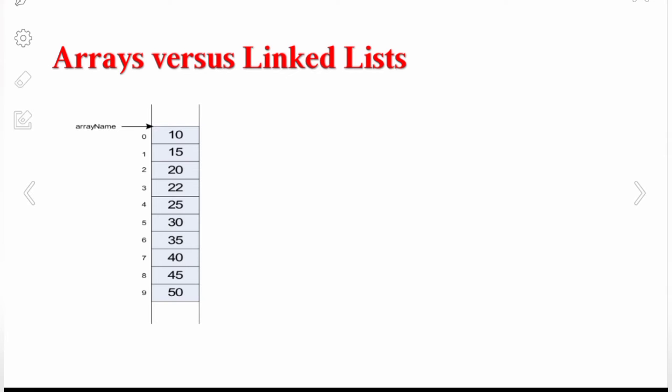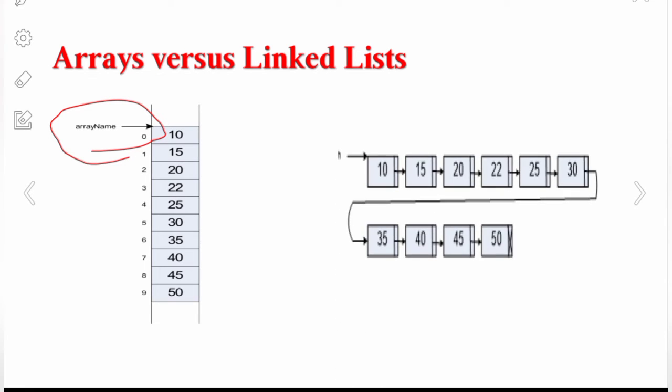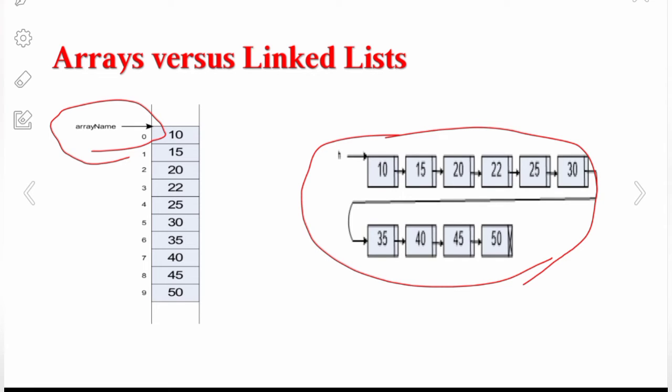The base pointer here is the array name, and based on the base pointer we traverse the array. But in the case of the linked list, there is a sequence of nodes connected with each other using pointers, and the nodes will not be in sequential order. The nodes may be stored anywhere in the computer.